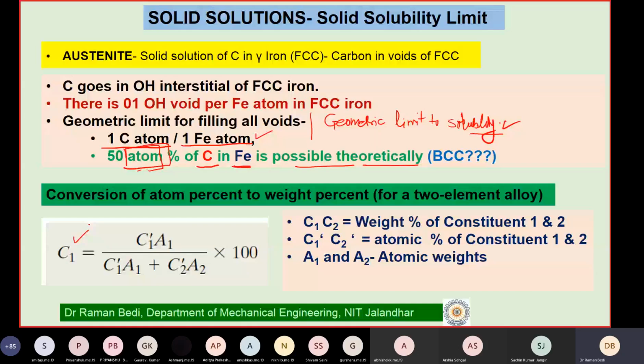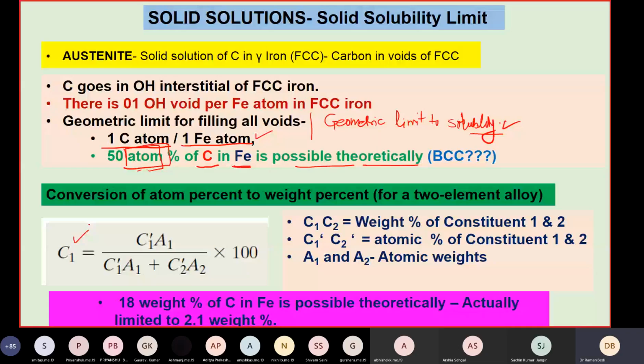Based upon this calculation, when I do it for the atomic weights of carbon and iron, and their atomic percentage is 50%, we find that theoretically speaking, the geometrical solubility limit of carbon in iron is actually 18 weight percent. 18% by weight. Whereas the actual observed one is just 2.1%.